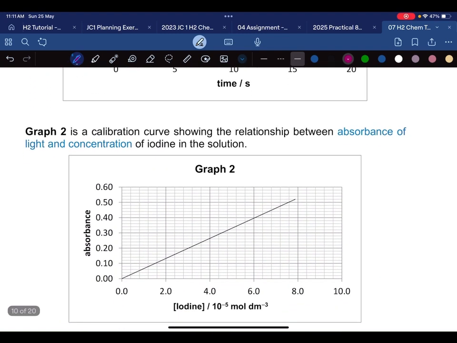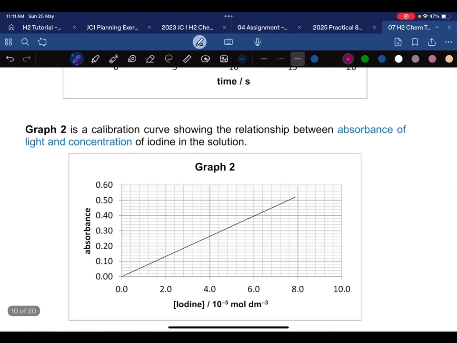So if I have a corresponding change from 0 to 0.42, that means from this point to this point, this is going to map to a certain change in concentration, from 6.0 to 6.4 times 10 to the power minus 5 mol per dm cube.